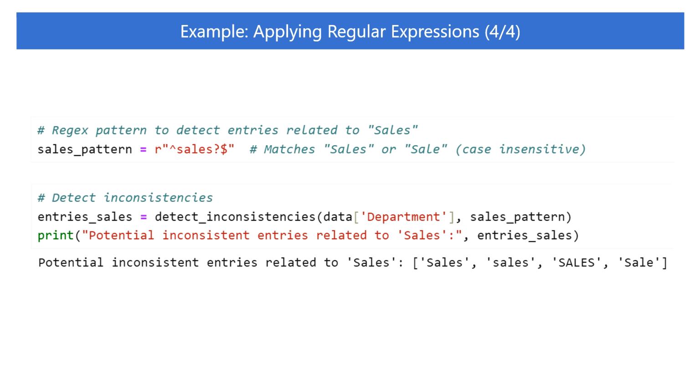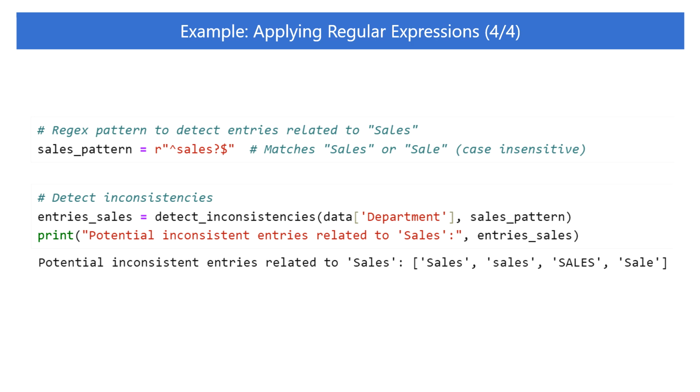Next, set the regex pattern to input as the second argument of the function. Here, we need to set a regex pattern to detect entries related to sales. We set a regular expression pattern to detect entries that can be considered as sales, regardless of whether they are written in uppercase or lowercase, and whether they appear in singular or plural form.